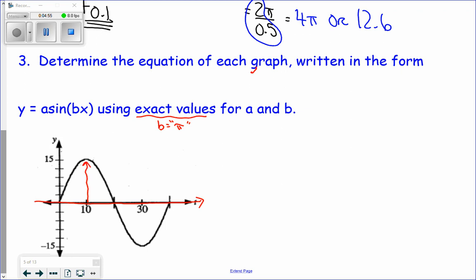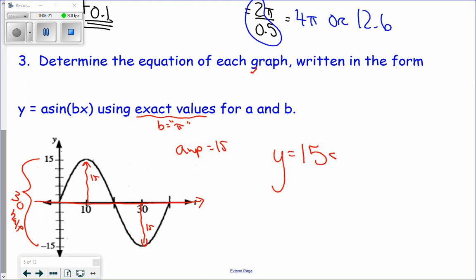You're going up 15 and down 15 from that line. Or you could say, I've covered 30 units of space, so half of that, my amplitude would be 15. Okay, either one. So my equation is that so far.